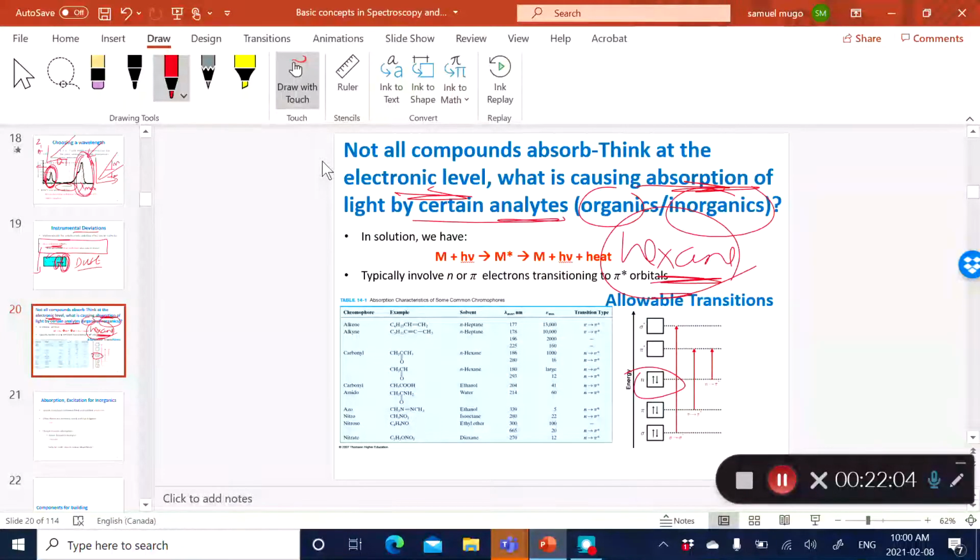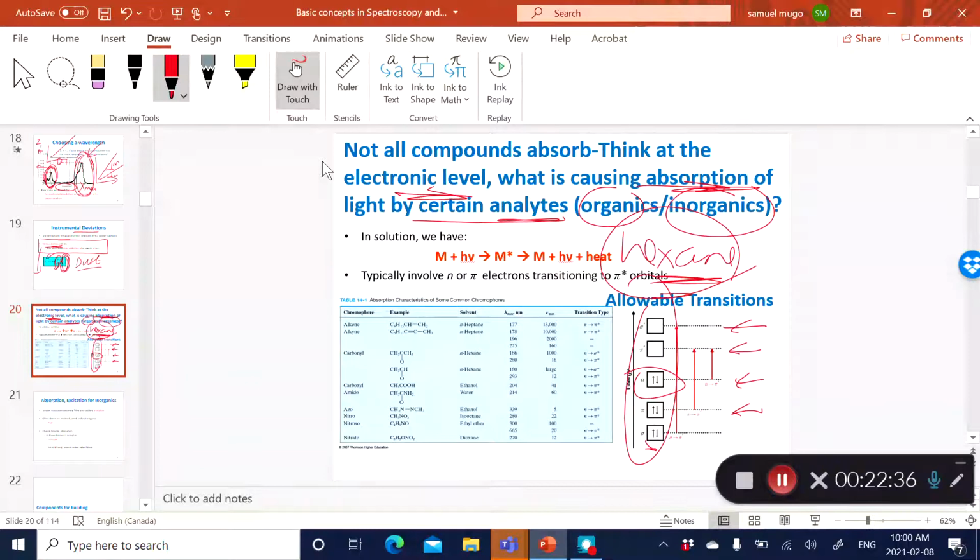Remember the way the molecular orbital diagram is organized: the bottom of it would be the sigma electrons, slightly higher energy would be the pi electrons, and then after that you've got the non-bonding electrons, and next to it is the pi star, the anti-bonding orbital, and then you're going to have the sigma star.